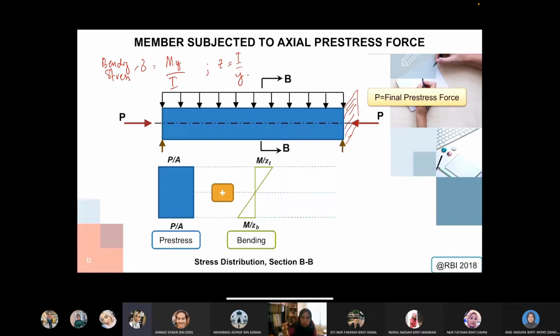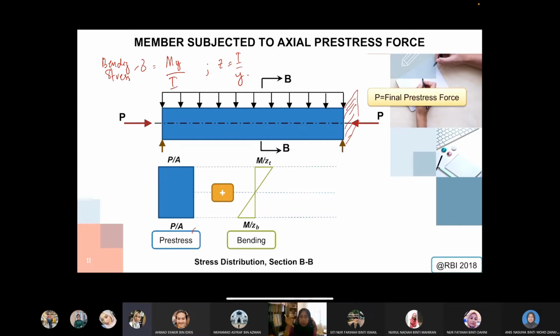The top will be different and the bottom will also be different. For pre-stress it is the same for top and bottom, because the formulation doesn't include the y value, so yt and yb.